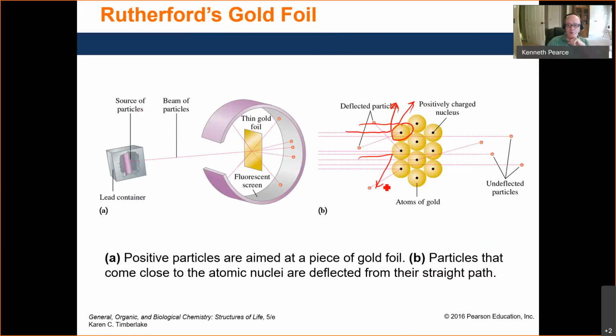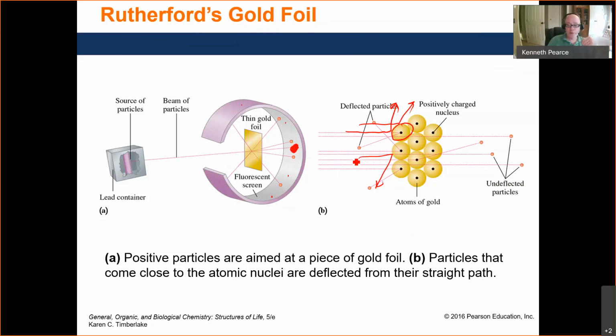They should be bouncing off. And what happened is that most of the particles just go straight through like there's nothing there. I'm not exaggerating, that center dot that I just drew, that is what you would see. Every now and then you see a little twinkle of light on this screen of a particle that bounced off.